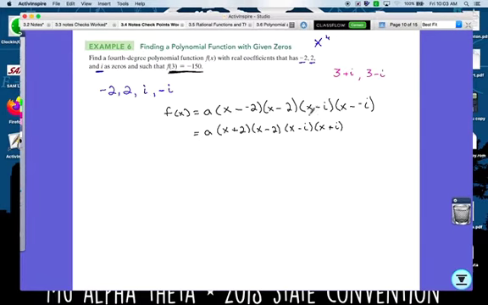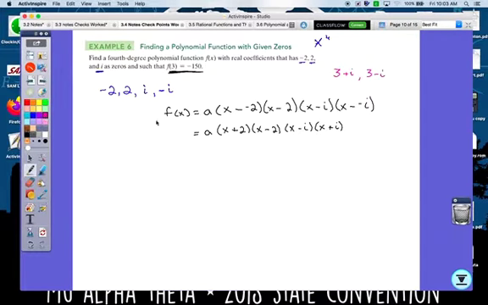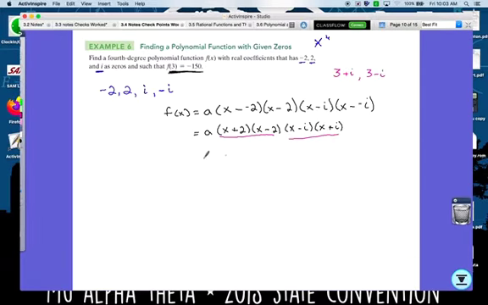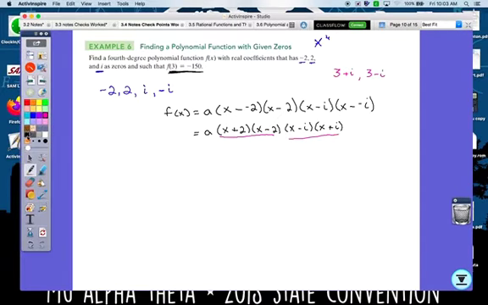All right, and then we need to multiply that out. Okay, and so I'm going to do them in pairs. I'm going to multiply the first 2 together. I'm going to multiply the second 2 together. All right, again, our a is just hanging out. When we multiply or FOIL that first pair, we have x times x, which is x squared, x times negative 2, which gives me negative 2x, 2 times x, which gives me positive 2x, and 2 times negative 2, which gives me minus 4.